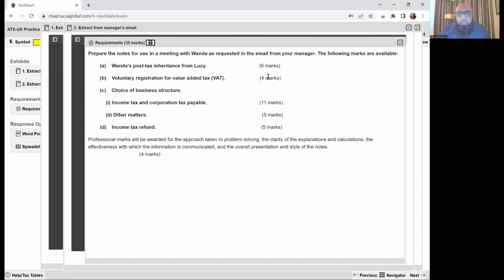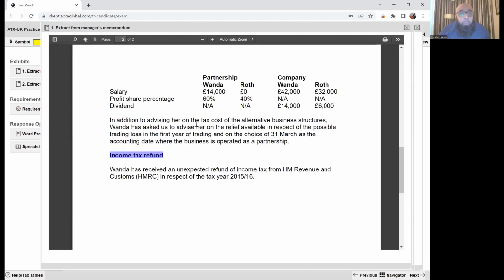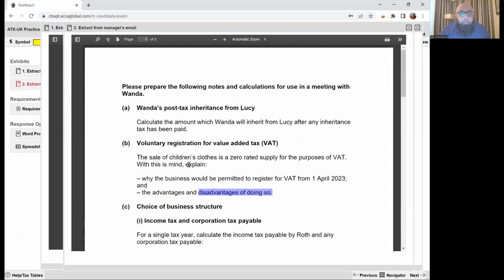It's just 4 marks. We have to comment that why the business will be allowed to register for the VAT, and what are the benefits and problems of this? So the business will be allowed to register because it is making a taxable supply. Children's cloth are zero rated, and zero rated supplies are taxable supplies.